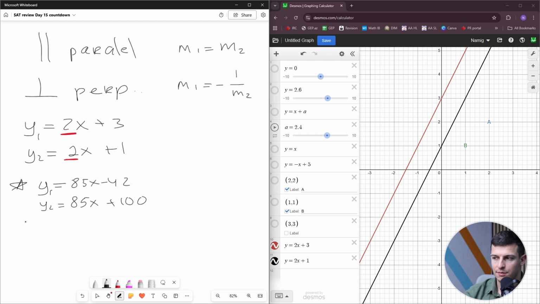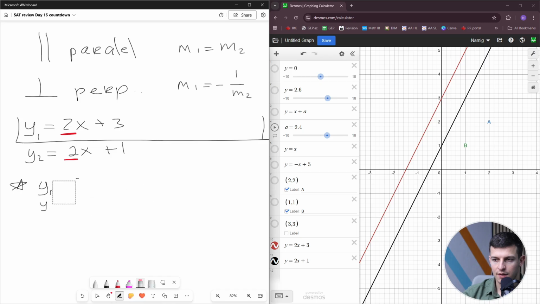Again, I'm not going to graph it just yet, but I'm going to try to come up with an equation. Let's look at this one. y1 is my line, and I want to come up with an equation that is perpendicular to it. So all I have to do is find my m2. Let me erase this so we are nice and clean. So I need to first find my m2.